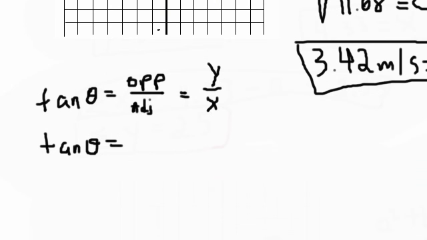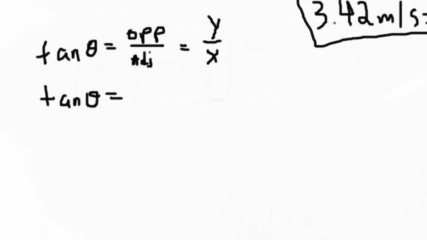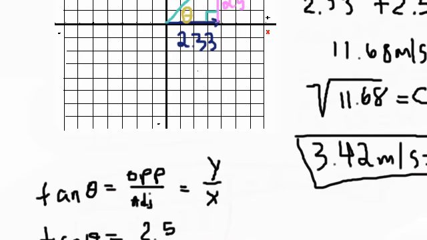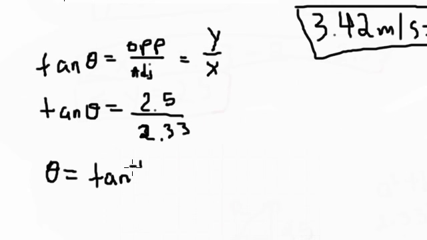So we know that the y is 2.5, so I'm going to put 2.5, and we know that the x is 2.33, so I'm going to write 2.33 here. So now to find the angle, we say theta is equal to the tangent inverse, or the arctangent, of 2.5 over 2.33.